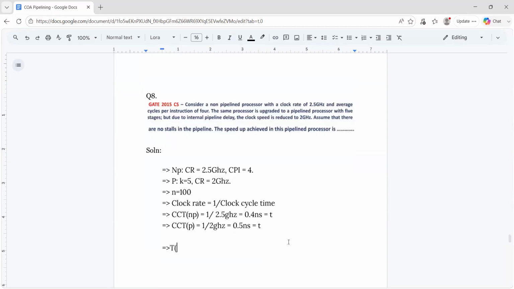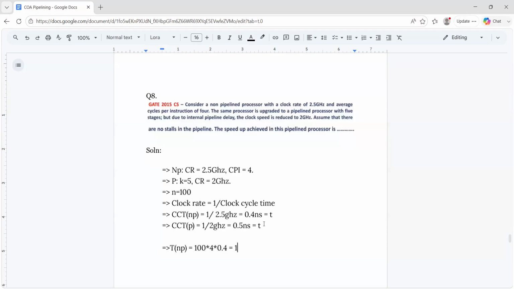In the case of non-pipeline, the number of cycles taken to implement a single instruction is n into k. Here it is 100 instructions, so we consider it as n times k times the time value for non-pipeline, which is 0.4.